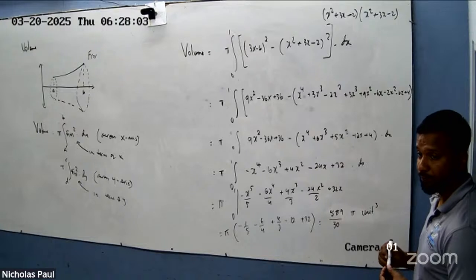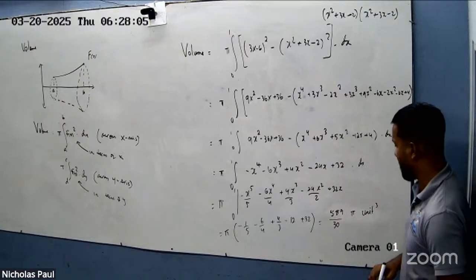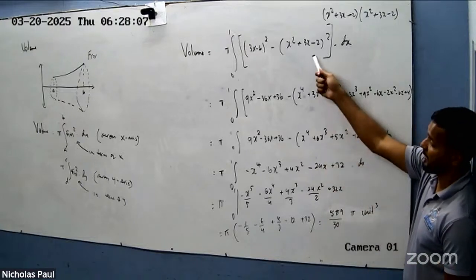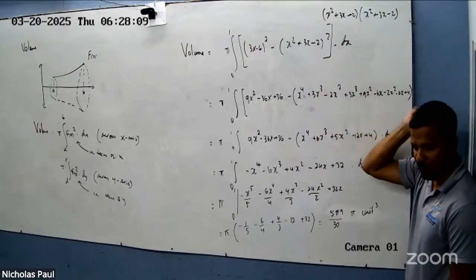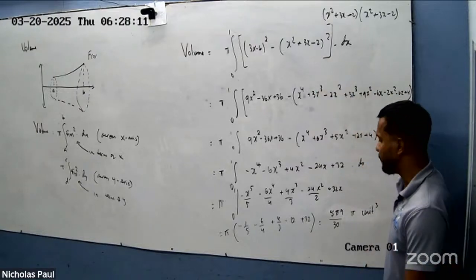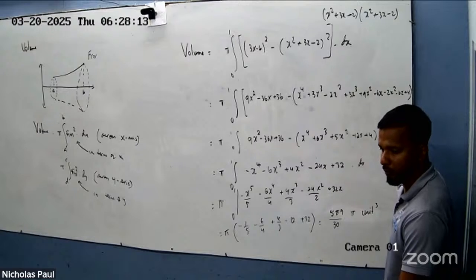Okay? So the only thing that's difficult is you have to remember how to square this, right? Five eight nine.